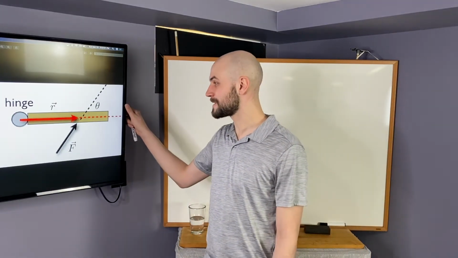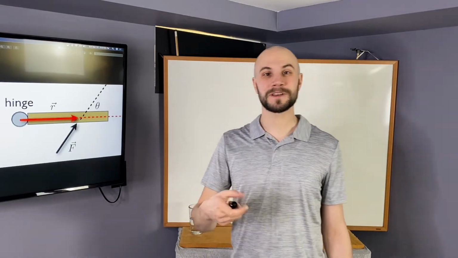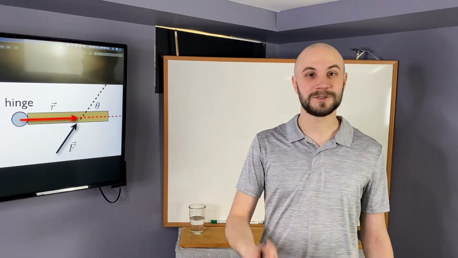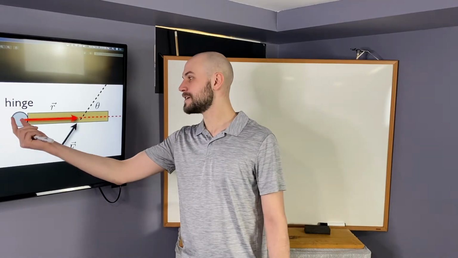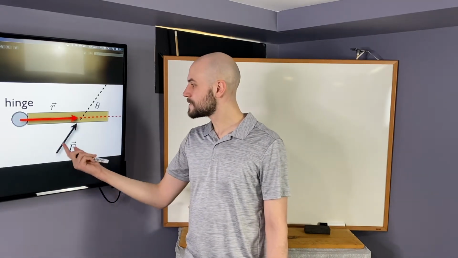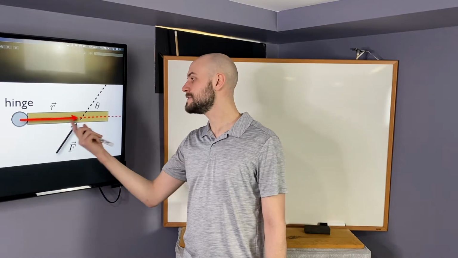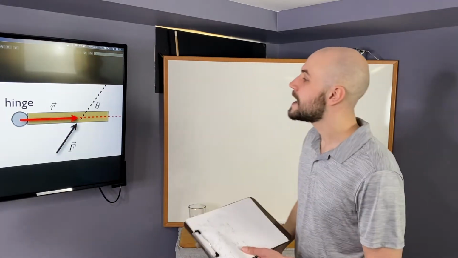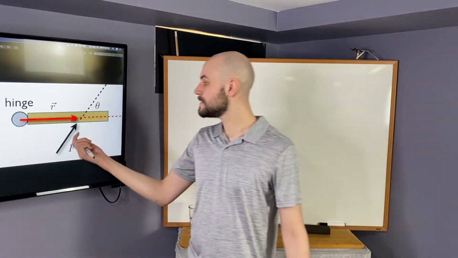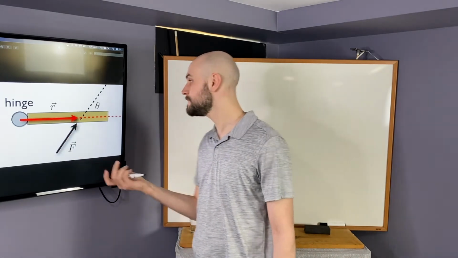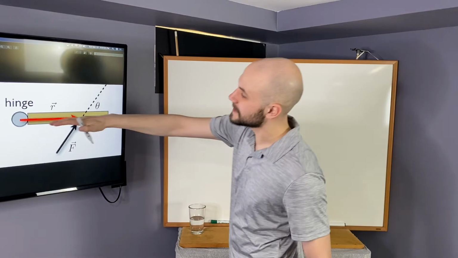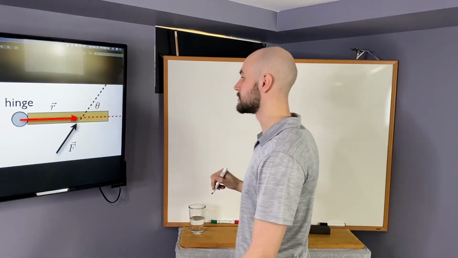When it comes to torque, as you guys know, torque is the rotational analog to linear force. Let's say I have this object on a hinge, and we have a force acting on the object some distance away from the axis of rotation. As you guys know, this force, since it's away from the axis of rotation and has some perpendicular component, is going to cause this object to change its rotational motion.